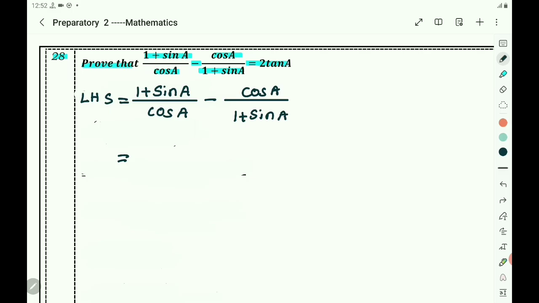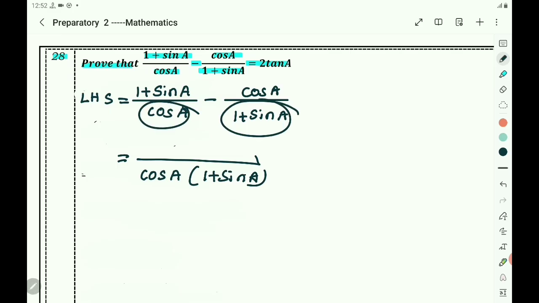In the first step, take the LCM of the denominators cos A and 1 plus sin A. Write cos A into 1 plus sin A. The product of these two is the LCM of these two.